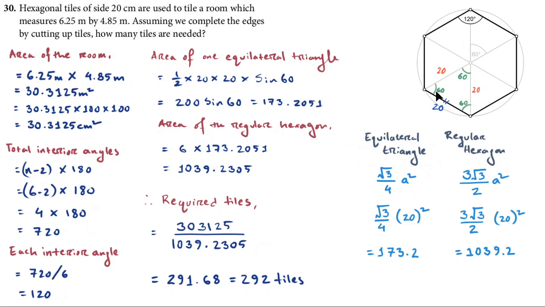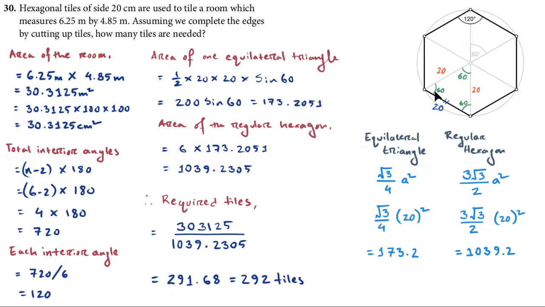So if this is 60, this should also be 60, as this is the center and these are the radius. The base will be equal. If the radius are the same, then the angles opposite to those should be the same. So this is 60, this is 60. That leaves us with 60 on this side as well, because we know that in a triangle the sum of angles is 180.